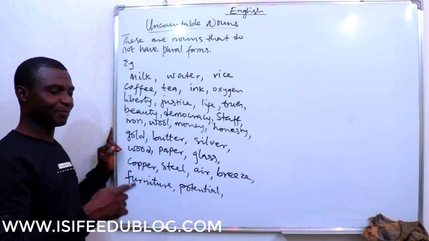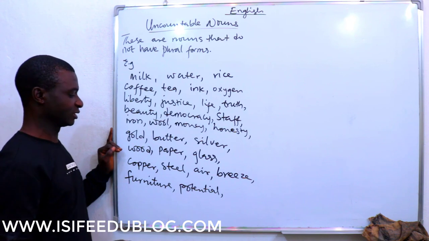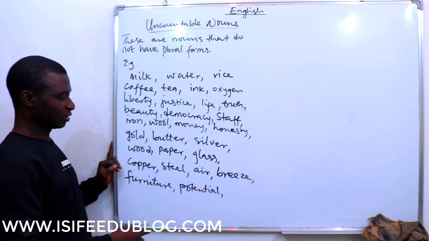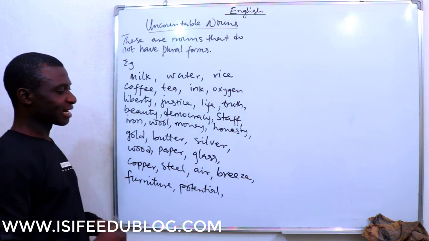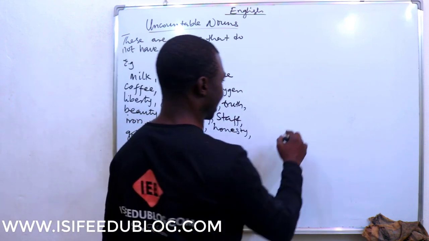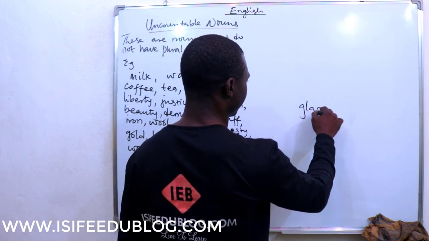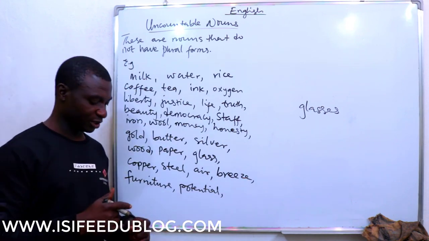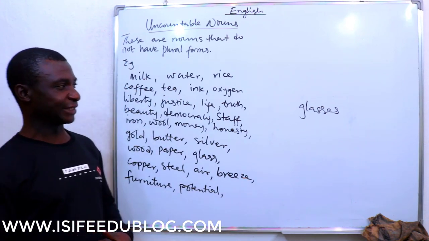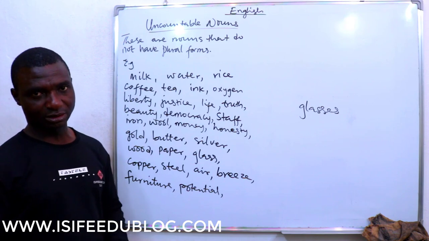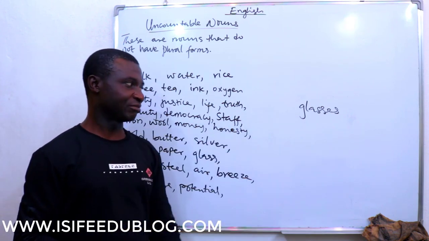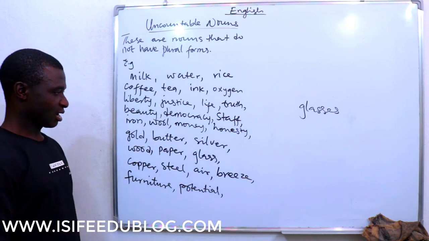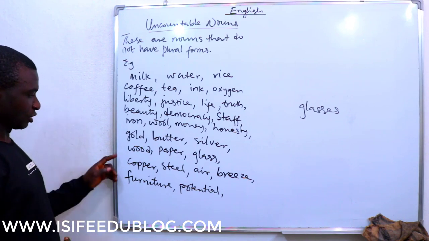That is why you have a piece of paper or pieces of paper. We have glass. Glass is only countable when you're talking of the protection for your eyes, eyeglasses. That's only when glass becomes countable. Okay.